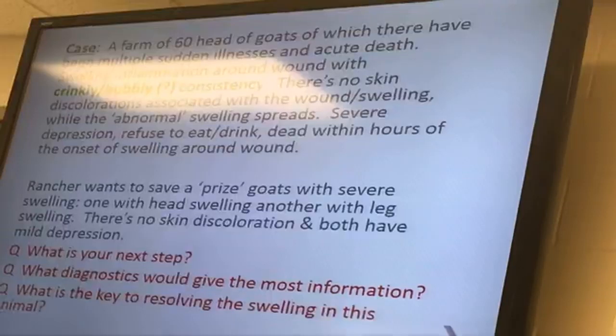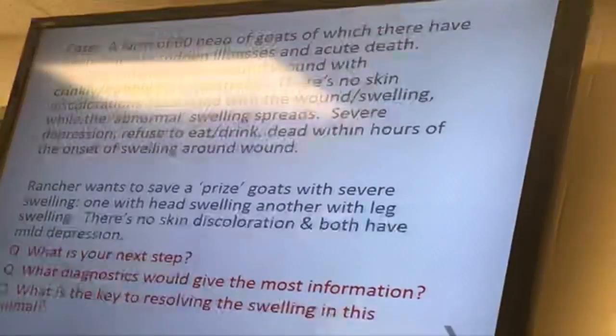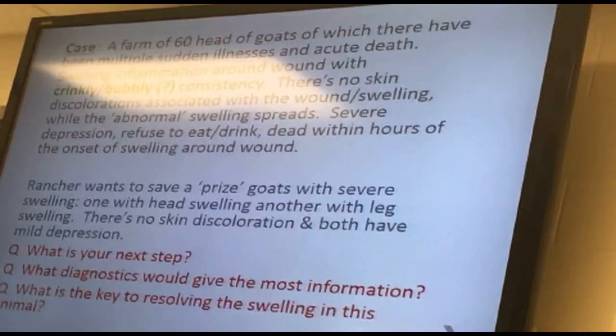Okay, so basically something that you'll see on the test will be like, oh, you got a farm with about 60 head of goats, in which there have been multiple sudden deaths and illnesses. You got swelling and inflammation around the wound that you find. Crepitus, maybe, I'm not sure, but it's hot.